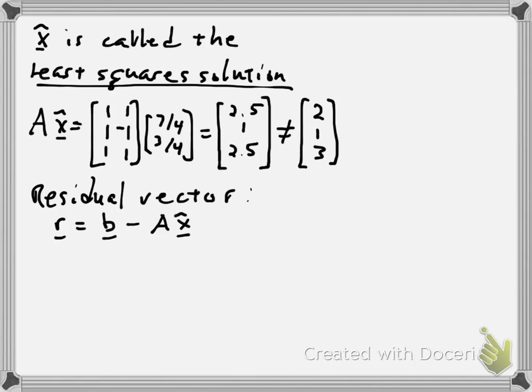This is a general definition of the residual vector, but in this example, you can see that if we subtract A x hat from b, our residual vector r is minus 0.5, 0, and 0.5.